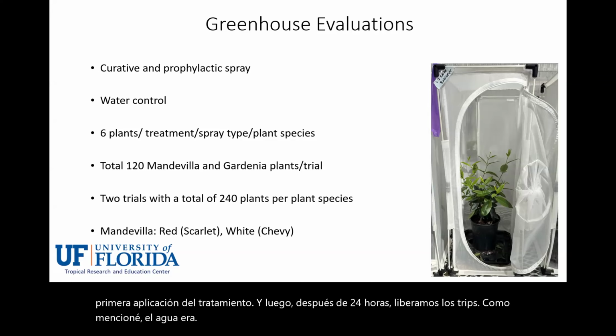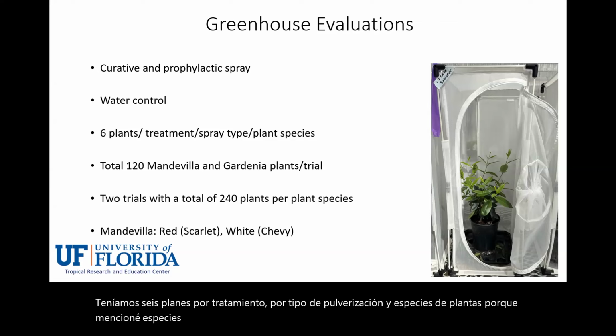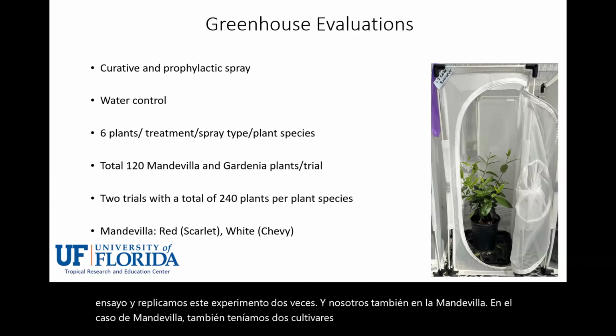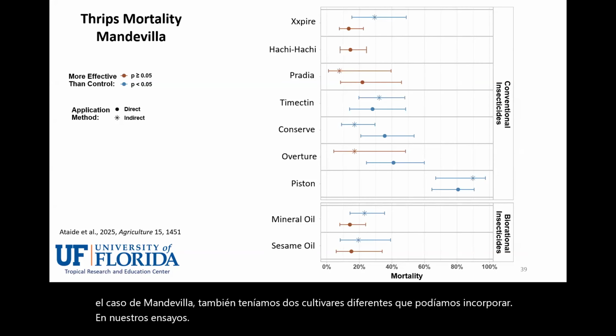We had 6 plants per treatment per spray type and plant species, because I mention plant species since we worked with mandevillas and gardenia plants in this trial. And we replicated this experiment twice. And in the case of mandevilla, we also had 2 different cultivars that we could incorporate in our assays. So today, due to the limited amount of time, I will show you the thrips mortality data for the mandevilla.